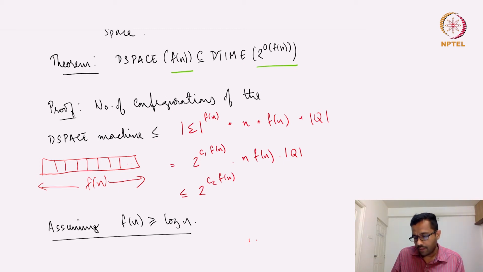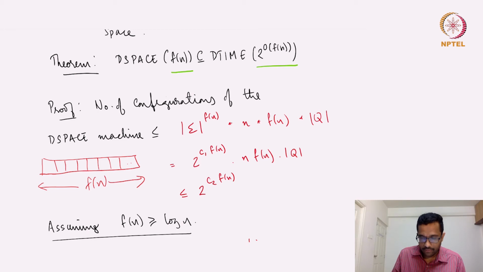Suppose f(n) is at least log n. Then n is dominated by 2^f(n), and f(n) is also dominated by 2^f(n), and Q is a constant, so that is also dominated by 2^f(n). All we need to do is change the constant from c1 to c2, a slightly higher constant.